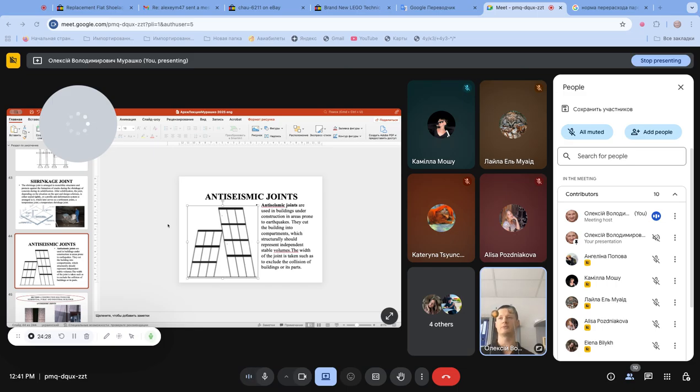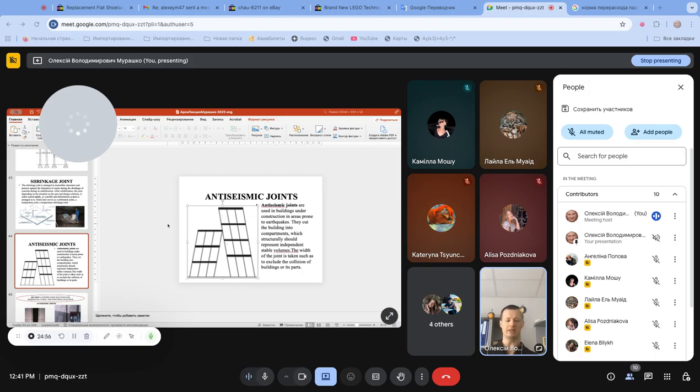To protect the building from this effect, we can locate the buildings as far apart as the building codes require. It's like 5 centimeters between single-story buildings and more. The higher you design the building, the wider and more expensive the anti-seismic expansion joint you will get.